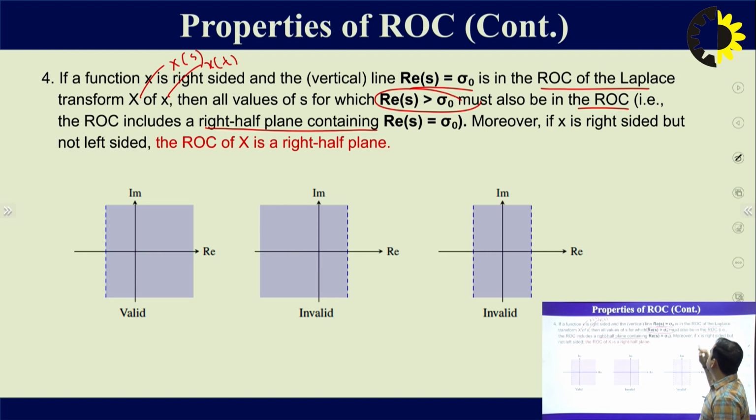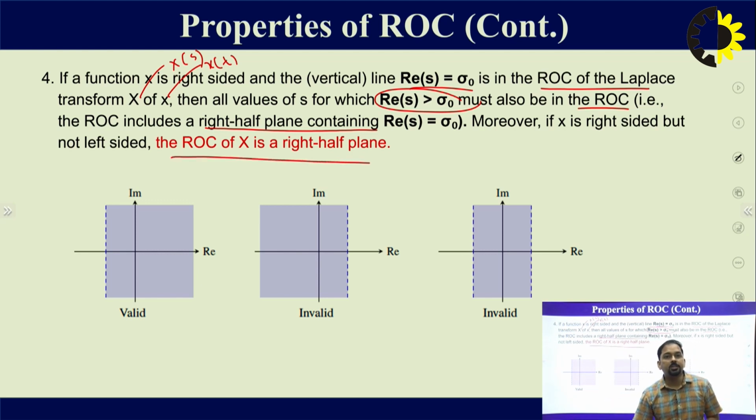So if X is a right sided but not left sided signal, definitely the ROC has to be a right half plane. Clearly we can see that if this is the location of a pole and the signal is a right sided signal, definitely the ROC will be right sided.